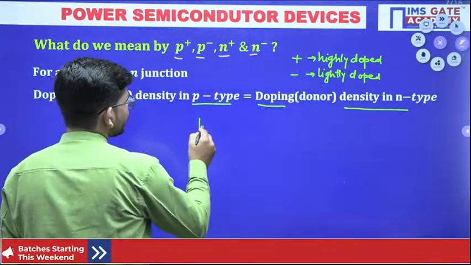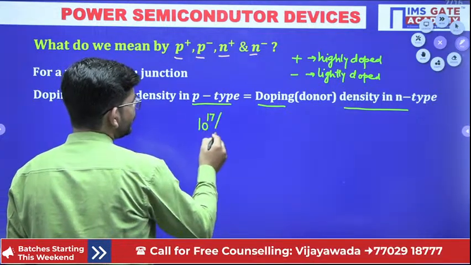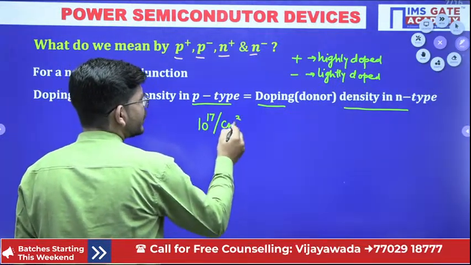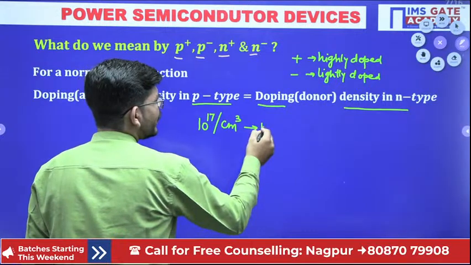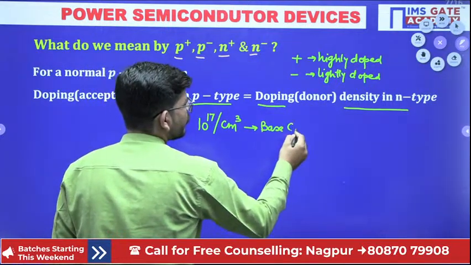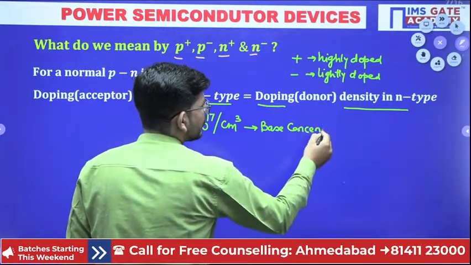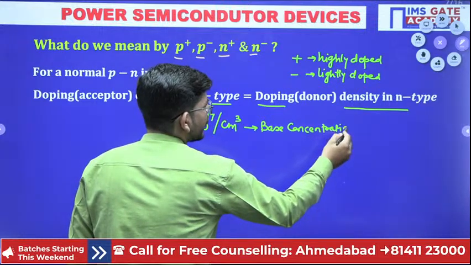Let us suppose 10 to the power 17 per centimeter cube is the base concentration that we have.